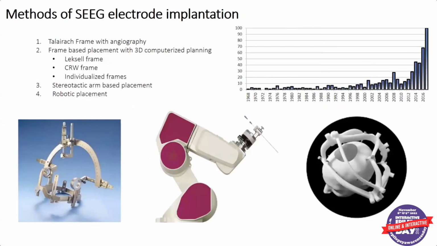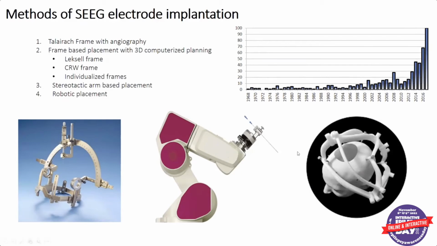One of the reasons for its advent in North America is the availability of robotic systems such as this one that allow us to do the implantations faster, with more accuracy, and with less constraints of where the targets need to be. So robotic SEEG has transformed the evaluation of epilepsies of all types, but especially epilepsies originating from deep structures in the brain, which is especially true with periventricular nodular heterotopia.